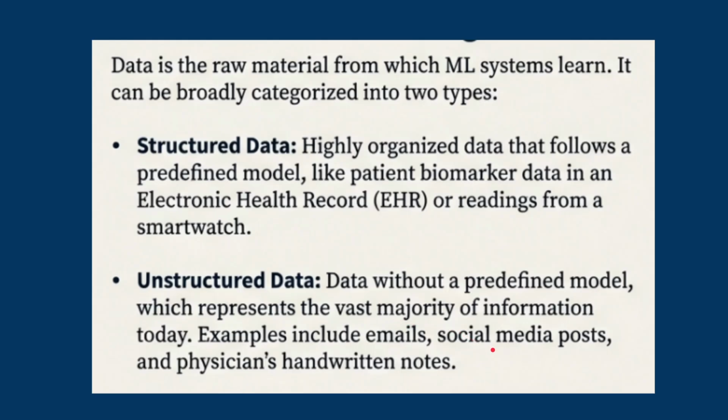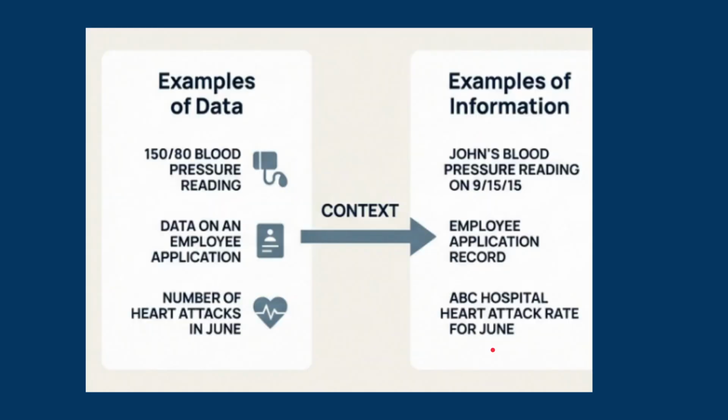So from these two kinds of data, how is information obtained? Here is an example of data. We say 150/80 is the blood pressure reading, and then the information is whose blood pressure it is and on what date. That is the proper information. Likewise, another example, data on an employee application. It is the employee application record, which he must have given when he tried for a job.